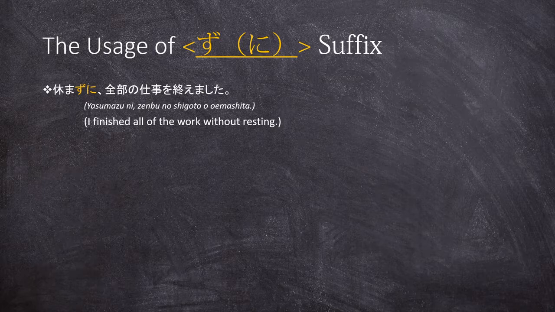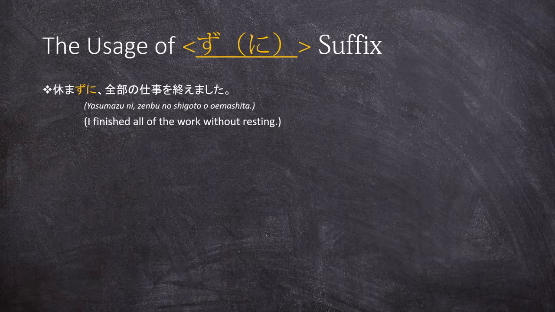In both clauses there is a verb, and the verb in the first clause will be referred to as action A, while the verb in the second clause will be referred to as action B, meaning that yasumu here is the process of resting, and that is action A, while the process of finishing all of the work has been conveyed in the sentence by the verb oeru, and it is action B.